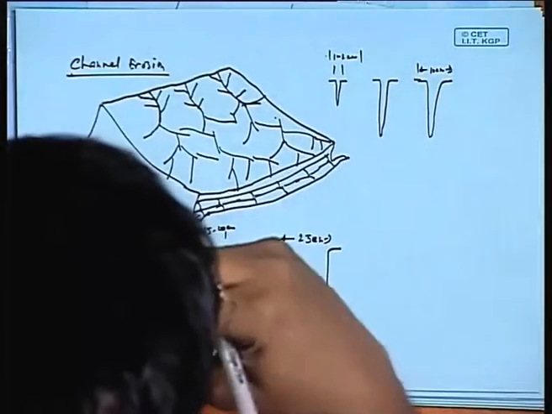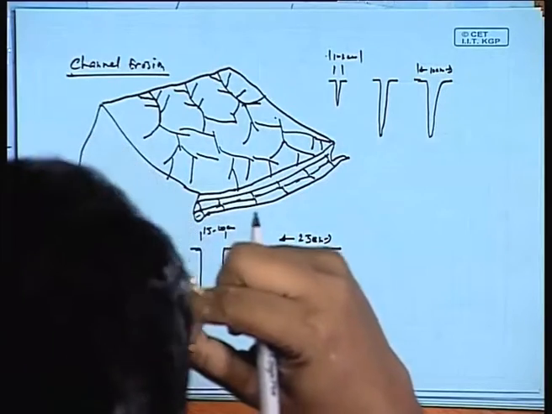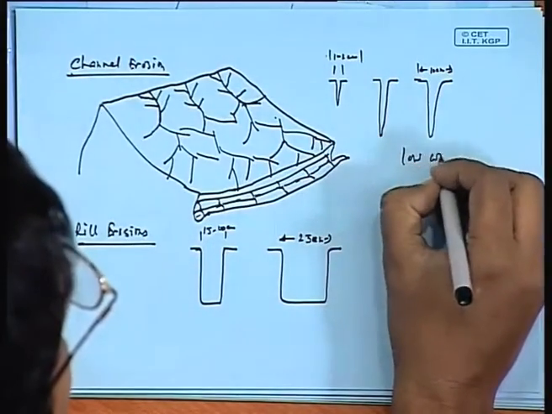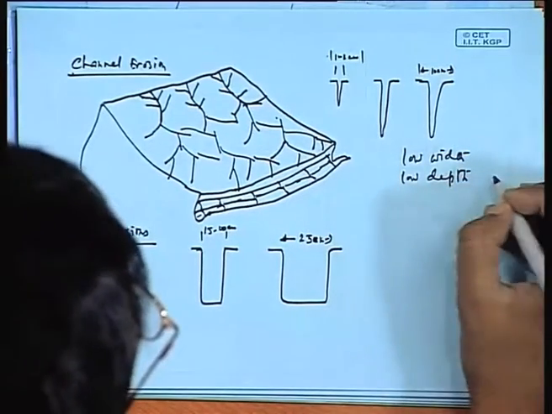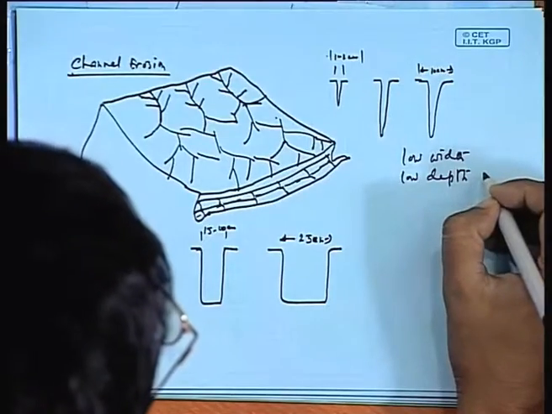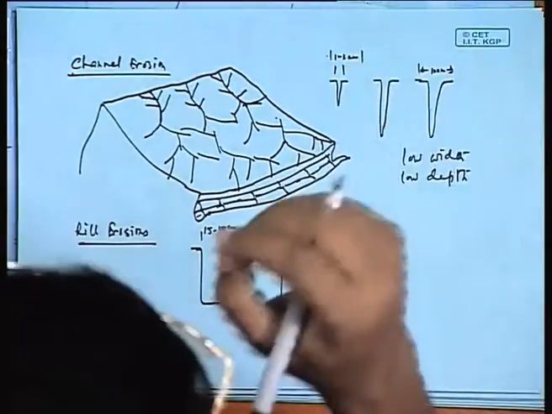Initially of low width and low depth, their depth begins to increase and can reach about 30 to 40 centimeters.